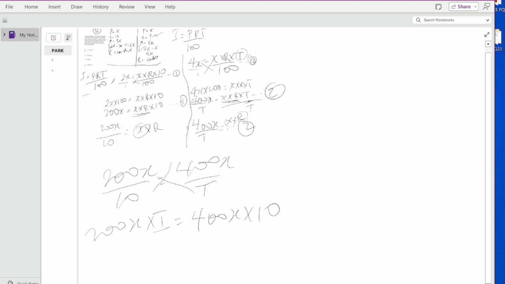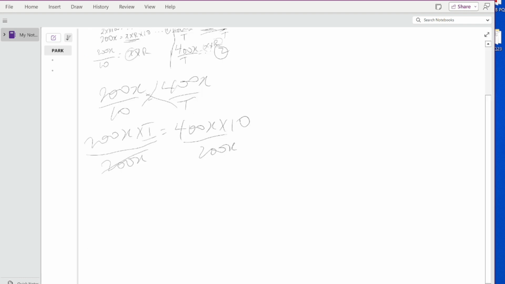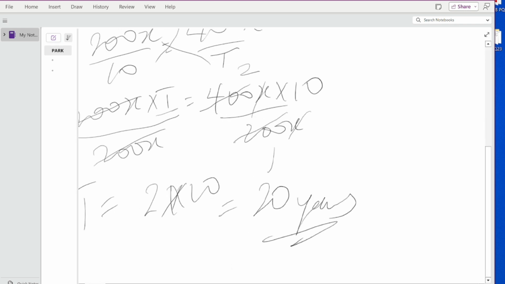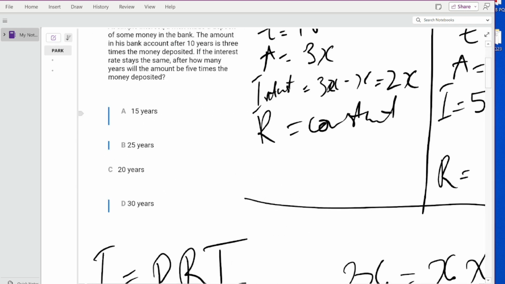We're looking for t, so we'll divide both sides by 200x. 200x cancels 200x, we have t equals, x cancels x, 200 into 200 is 1, 200 into 400 is 2. Then you have 2 times 10, which is 20 years. So our final answer is 20 years, which is C.